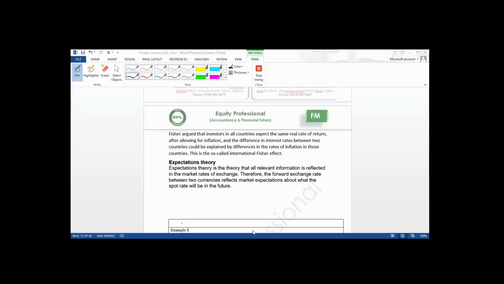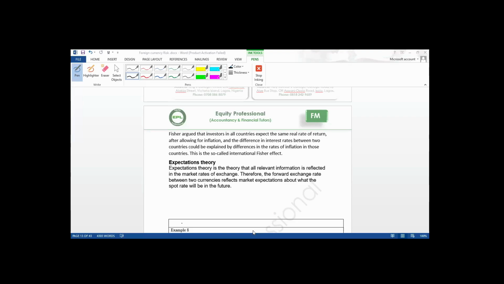If the market participant expects that Nigerian currency will rise in future, then the value of Naira will appreciate. But if that market perceives Nigerian future as being bleak, Naira will depreciate in value.